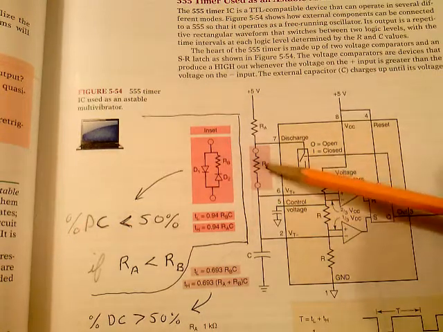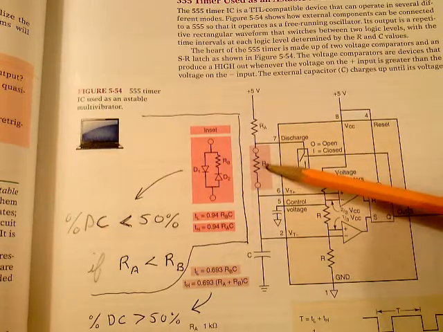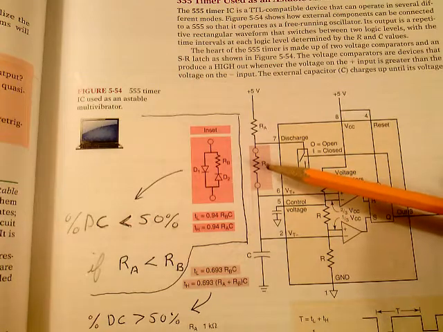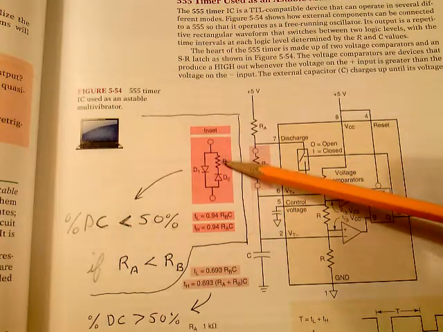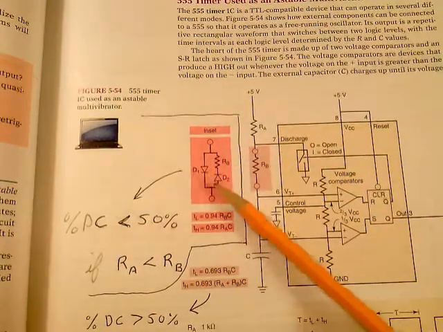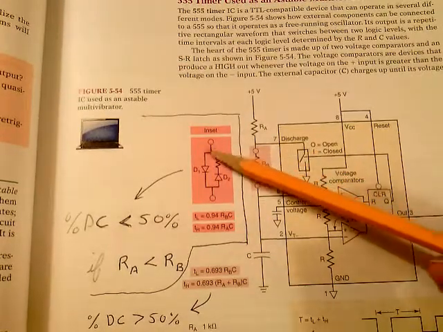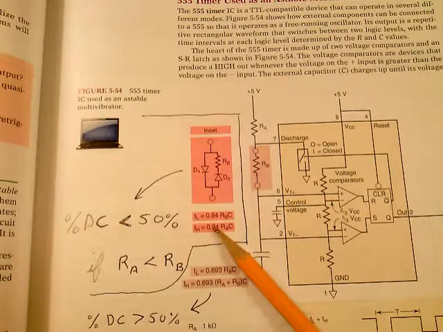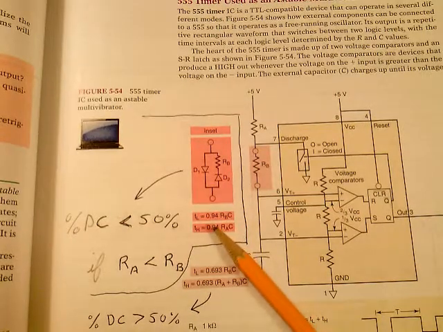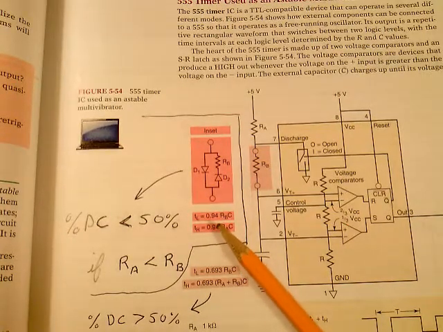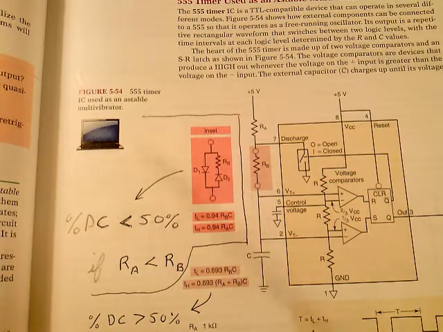In other words, this one component of RB has to be replaced with an RB plus 2 diodes put in the circuit this way. That's what goes inside this shaded area right here, these 3 devices here. And then these are the equations you use. That's the only way you're going to get 10%, 15, 20, 30% duty cycle.